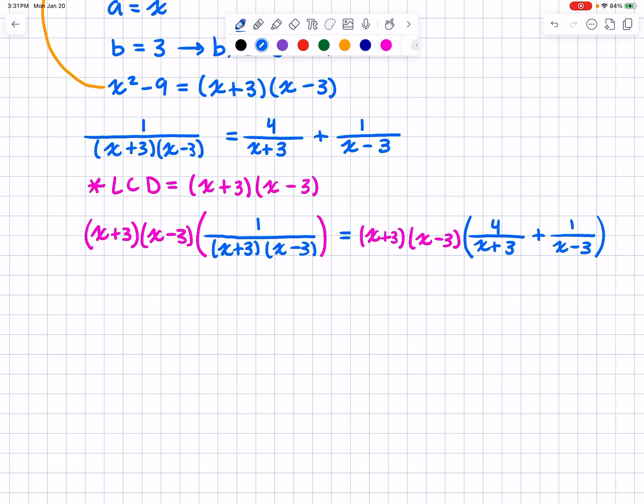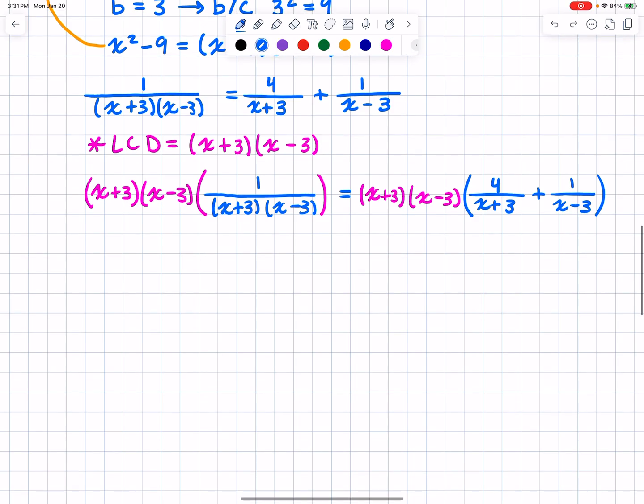All right. So over here on the left-hand side, this is all just one term. There's no pluses or anything in the numerator. So that means that this will reduce to just 1. Since we have x plus 3 times x minus 3 in a numerator, right? You could pretend that this is all over 1, and then we have x plus 3 and x minus 3 in the denominator on this side.